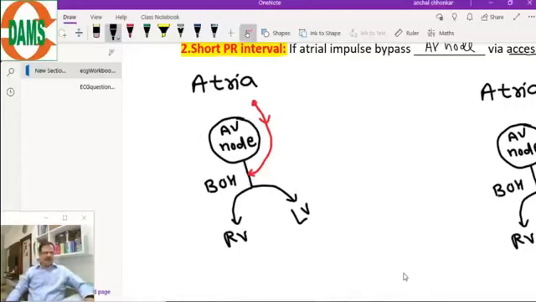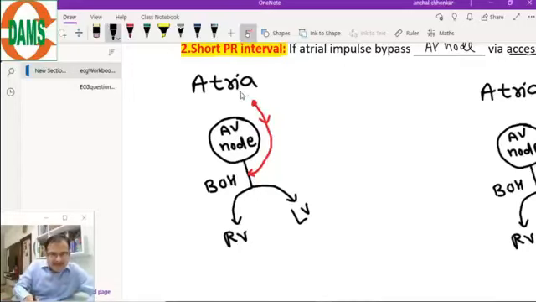So you can see clearly atria, AV node. You can make the diagram. You can draw the diagram. Atria, AV node, bundle of His, and from bundle of His, the impulse goes to right ventricle and the left ventricle.